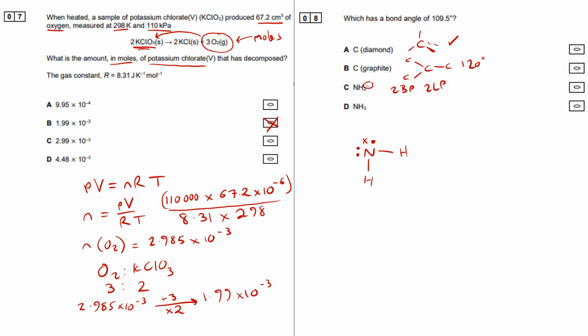The bond angle would be 104.5 degrees or thereabouts. And finally NH3, you've got 3 bonding pairs, 1 lone pair. The bond angle is going to be 107 degrees there. That would be a pyramidal shape. So diamond is the one with the bond angle of 109.5.